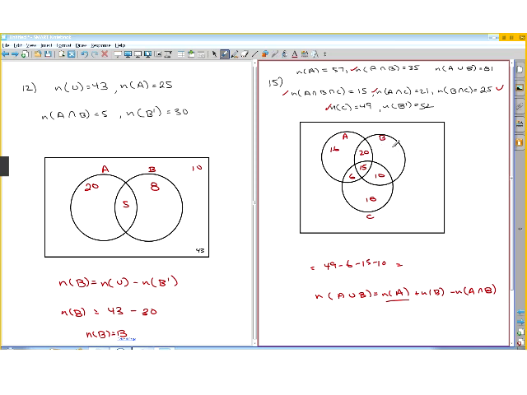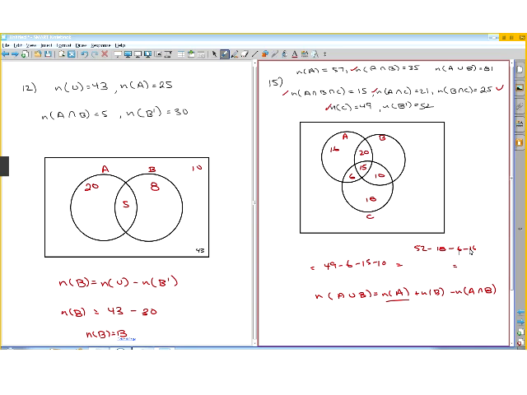Okay, now, not B is 52, which would be this, this, this, and the universal set. So if we take 52, which would be this outside part, plus this, plus that, we subtract 18, 6, and 16 from that. 52 minus 18 is 34. 34 minus 6 would be 28.